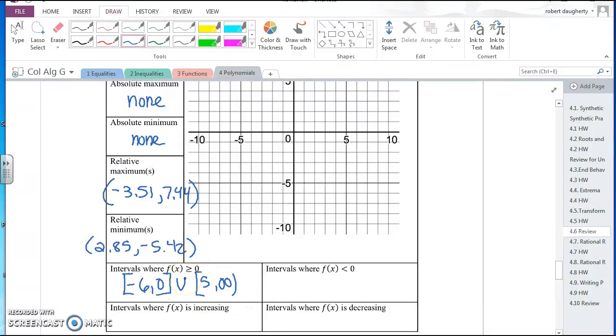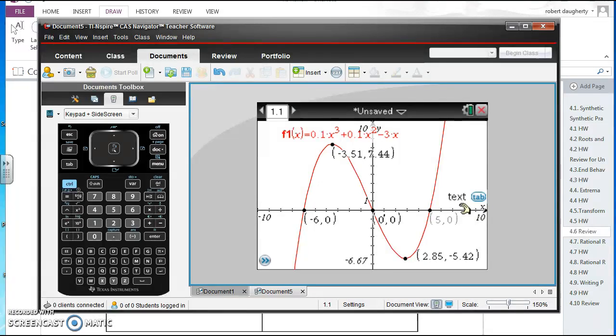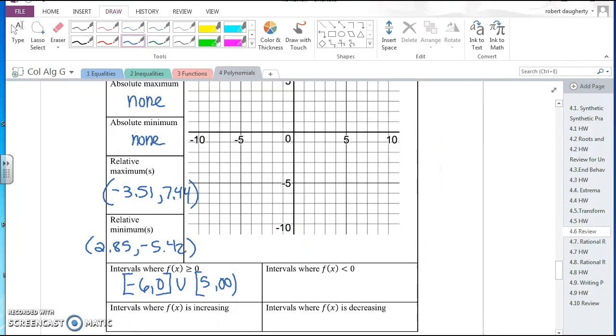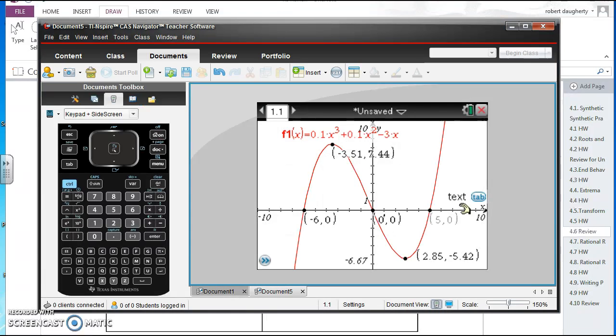Those are the intervals where it's greater than or equal to 0. Where is it less than 0? That looks like negative infinity to negative 6, and from 0 to 5. That's where my graph is below the x-axis.